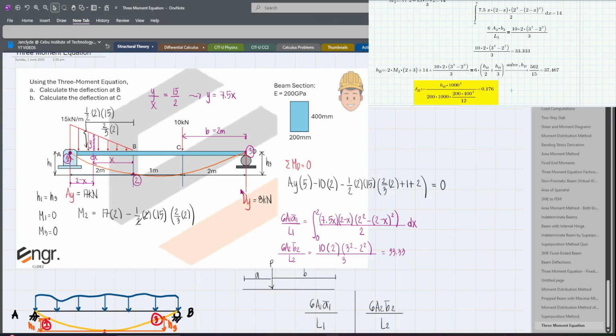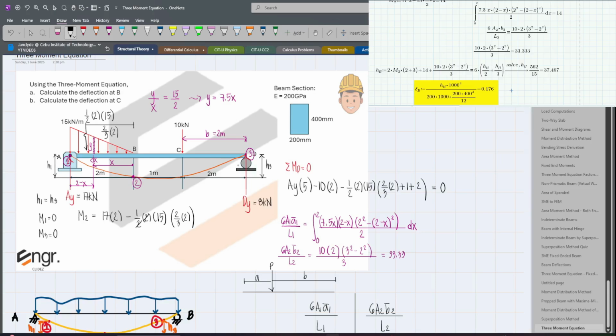I'm not certain if this point is above point 2 or below it. So we have to assume first. Now gagawin ko, this point along the elastic curve below point C, label ko yan as point 4. Ayan. So ngayon, in the 3-moment equation, I will consider points 2, 4, 3.